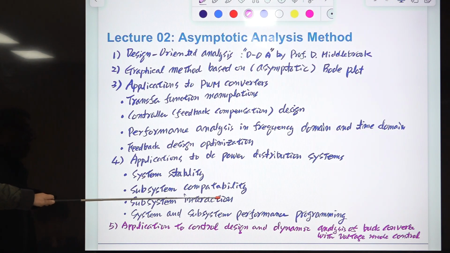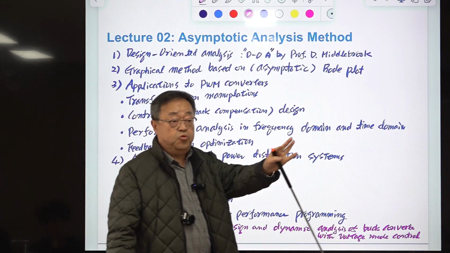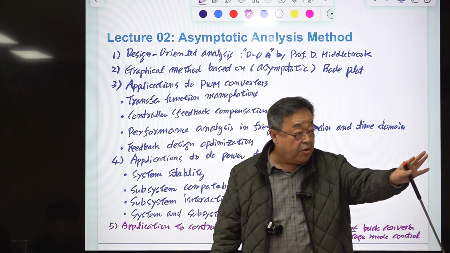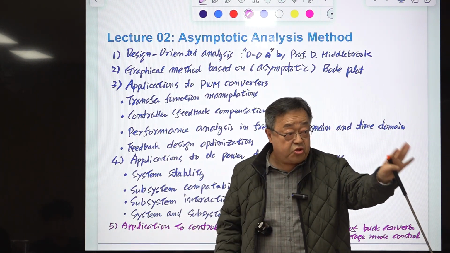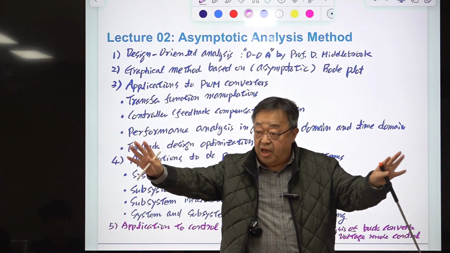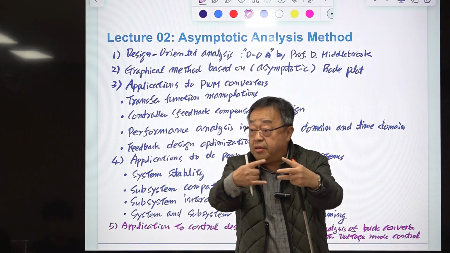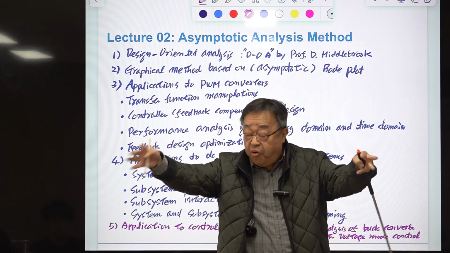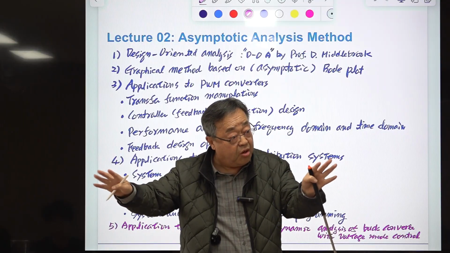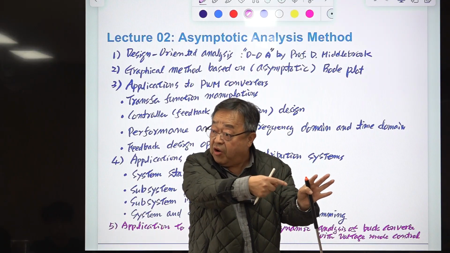Another topic is system compatibility, subsystem compatibility. If you have one converter and another, and they are good individually, stable and with high performance, and you connect them together, they interact dynamically. The performance of each individual converter will be affected by the presence of the other one.